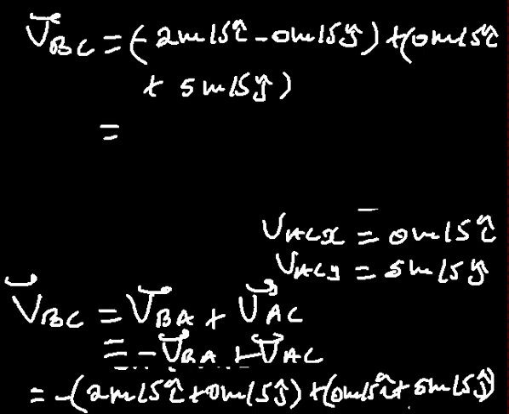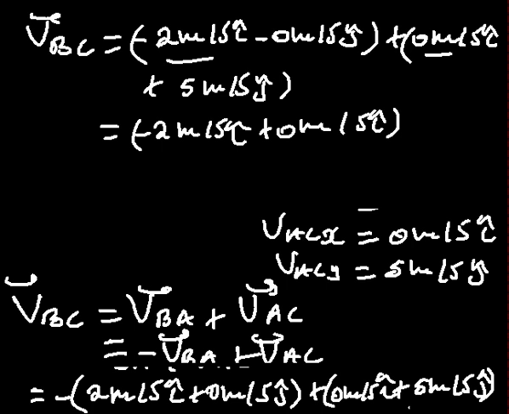Therefore, we'll have to bring together all I components. So we have negative 2 meters per second I plus 0 meters per second I, and plus, then we have negative 0 meters per second J, and plus 5 meters per second J.